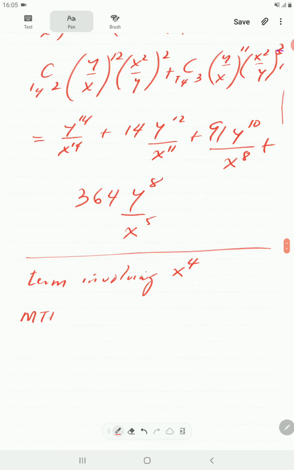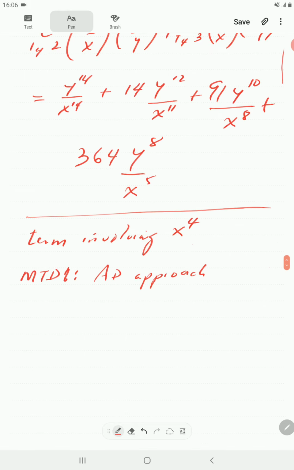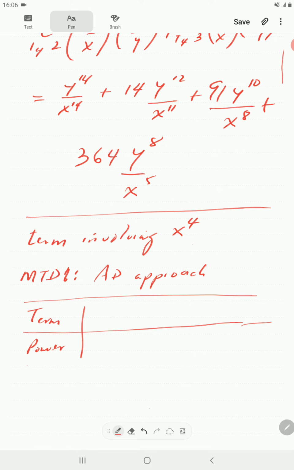So method 1, I am going to call it the AP approach. So we're going to use the fact that the powers of x, like we mentioned before, are going to form an arithmetic progression. So term 1, term 2, term 3.